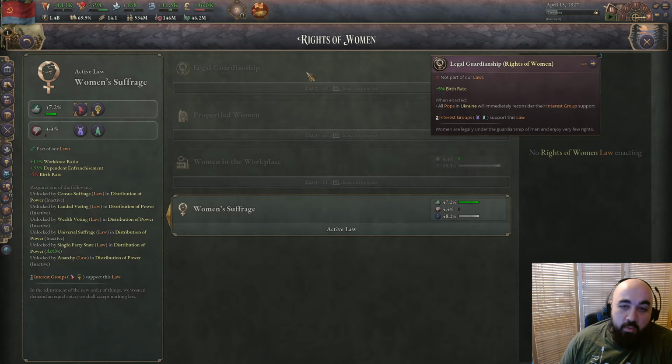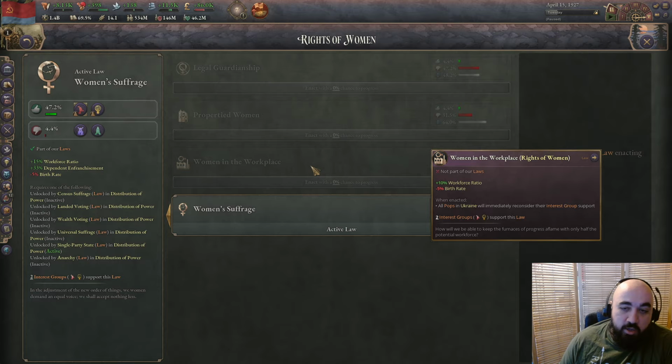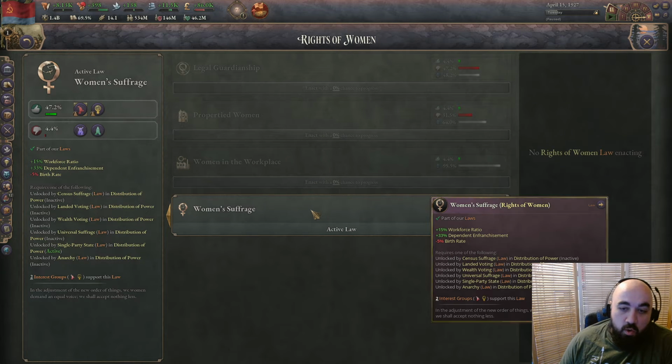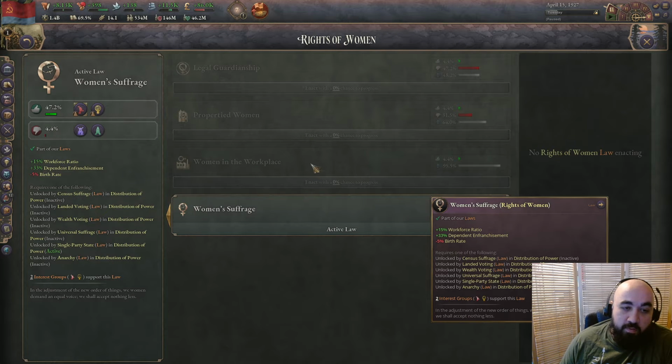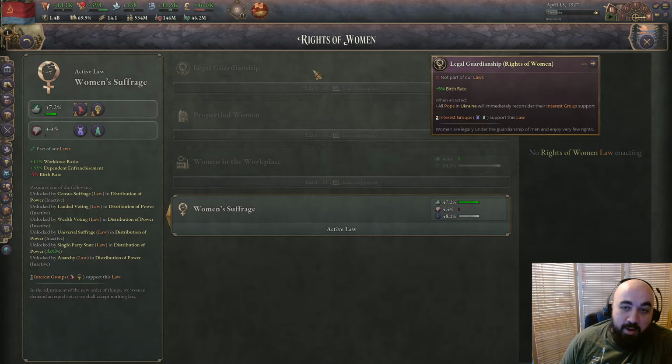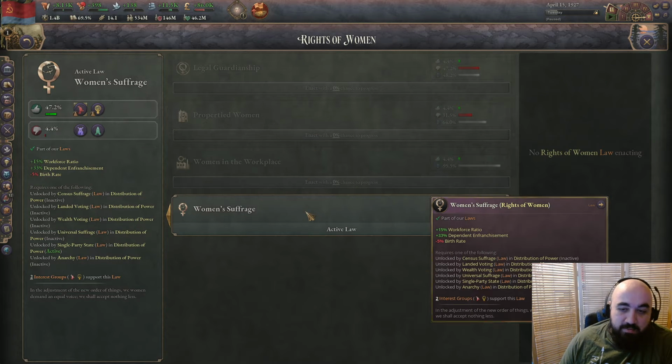You can see we're exchanging birth rate. Now it's workforce ratio, now it's workforce ratio with negative birth rate, and now it's workforce ratio with increasing negative birth rate. Important to note is this one is just kind of a free upgrade from this one, and legal guardianship, the bump to property women is a little bit better, but overall it's relatively linear, and you're going to prefer the workforce ratio when you run out of labor.